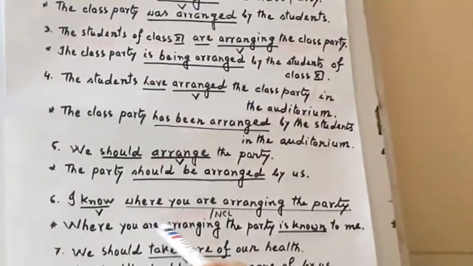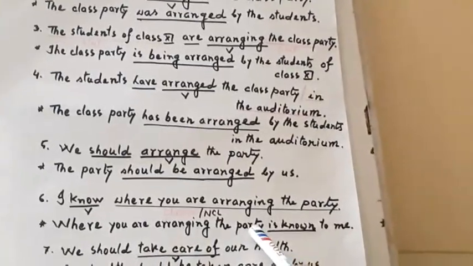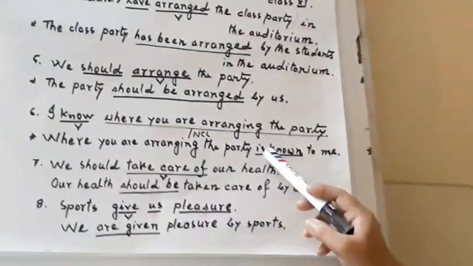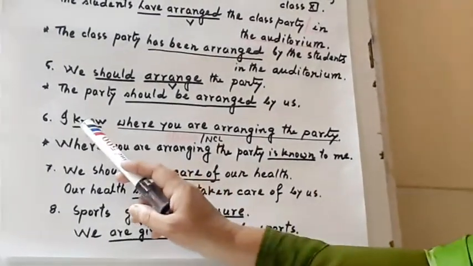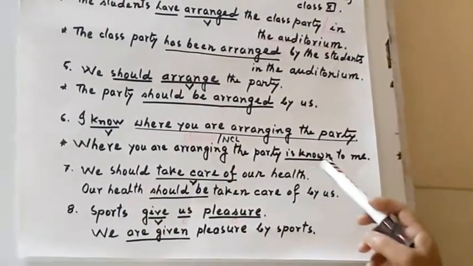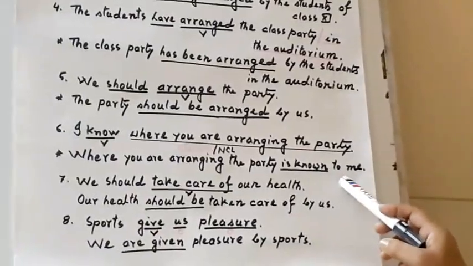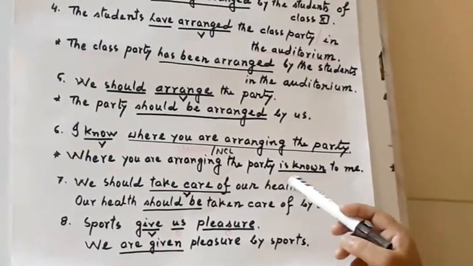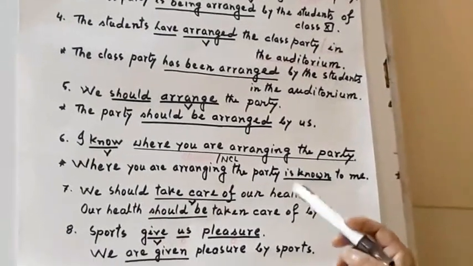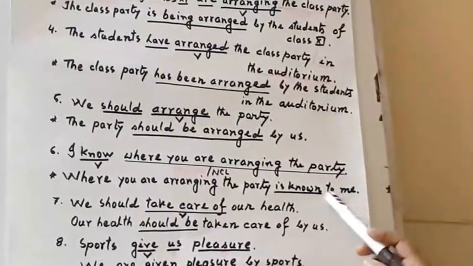Where you are arranging the party, this noun clause has become the subject now, is be verb for present, no verb, and then not by me. With no, we are to use the preposition to, not to me.